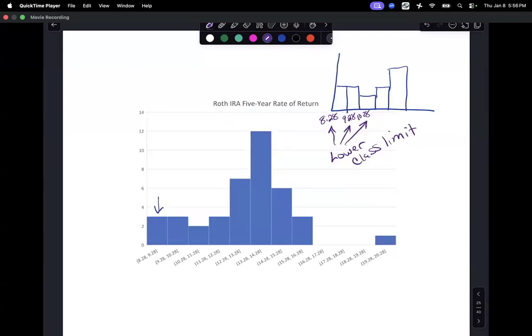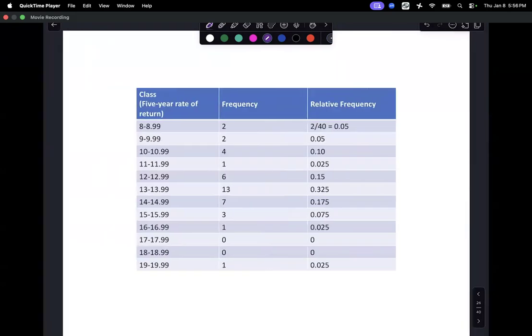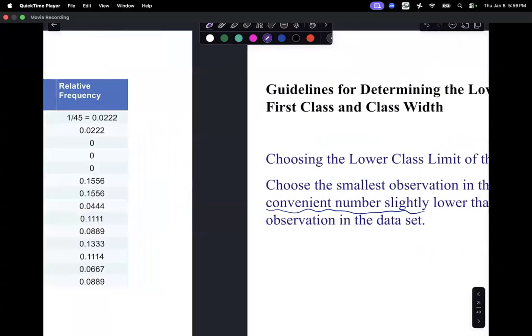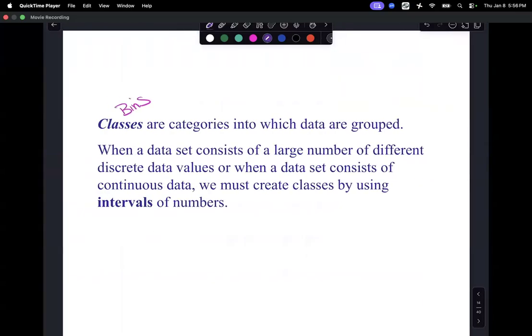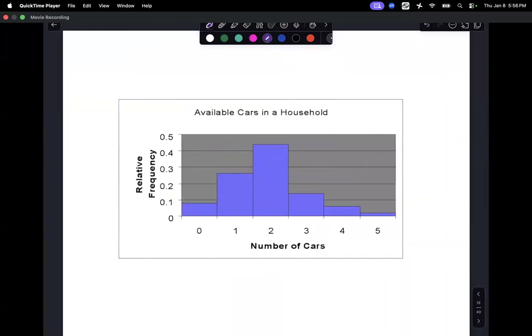Is the lower class limit only labeled on all of these graphs? So only on all of the histograms, except for the ones with discrete data. Like back on the discrete ones that we did back here, it's because, let me see, where's the car? This one, it's only homes with one car that are in those bins. So that's why it's labeled right there.